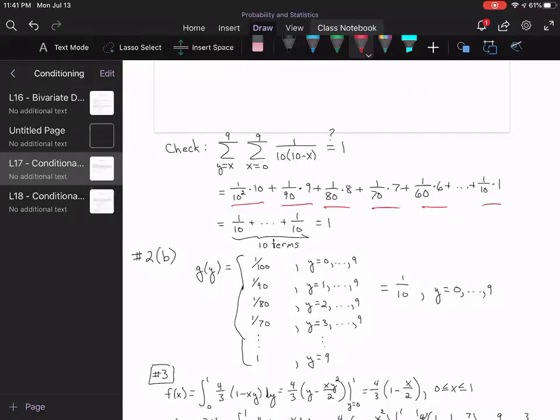Wait, so if you did X equals 0 to X equals 9, it all simplifies to 1/10? It does when you account for y also. So this is looking at how the joint distribution is simplifying.